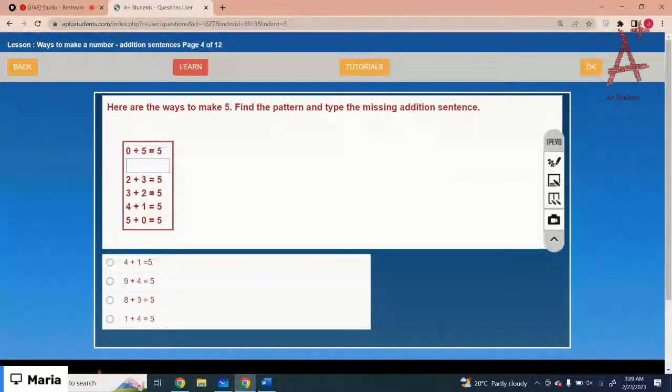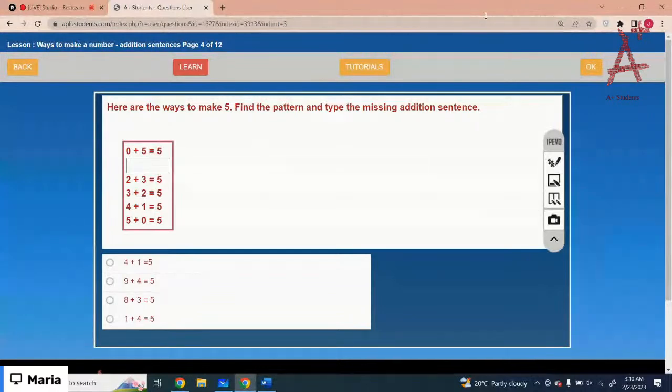Okay, the next one is, here are the ways to make 5. Find the pattern and the addition sentence. So we have to find a pattern and we have to look for the addition sentence. Let's start with the first one. We have to look for the first number in the sentence. The first one here, 5, 4, 3, 2.